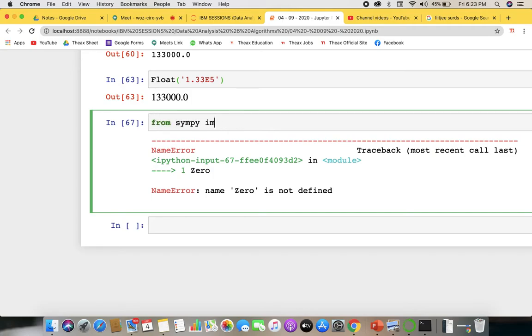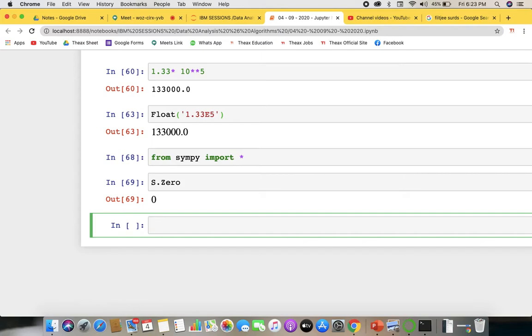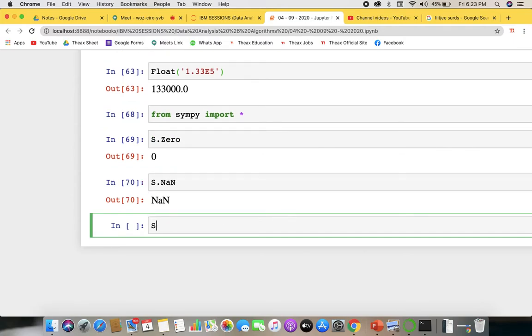Simply import everything. So this is 0, right? Similar to this, you might have seen the NaNs and all in NumPy. That is NaN, the NaN value.